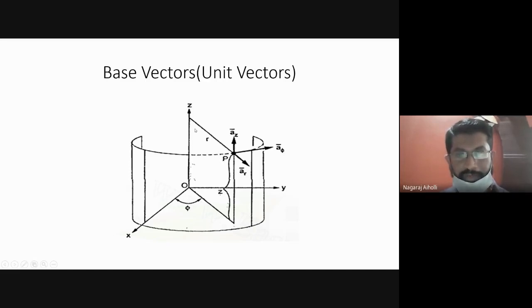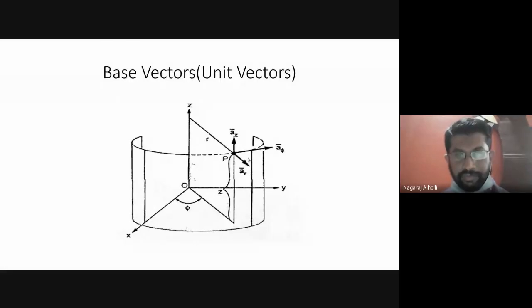It is parallel to the Z axis, along the increasing Z direction. So we have three unit vectors: AR bar, A phi bar, and AZ bar, which are at an angle of 90 degrees with respect to each other.